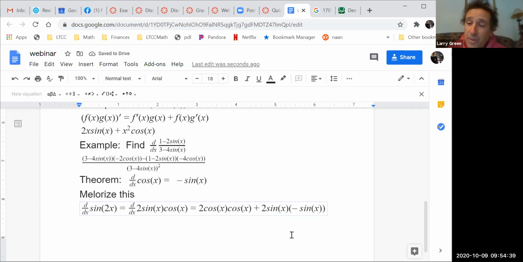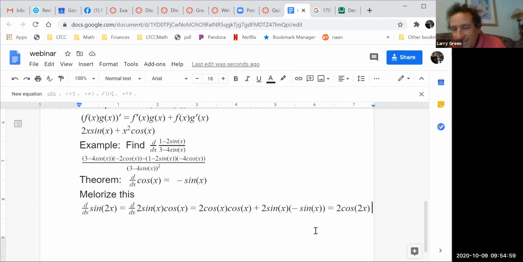There are ways of simplifying this. If you simplify it, I'm not going to give you all the details, it is 2 times the cosine of 2x. Because I'm sure you all remember your half angle formulas with cosine, right? Just kidding.